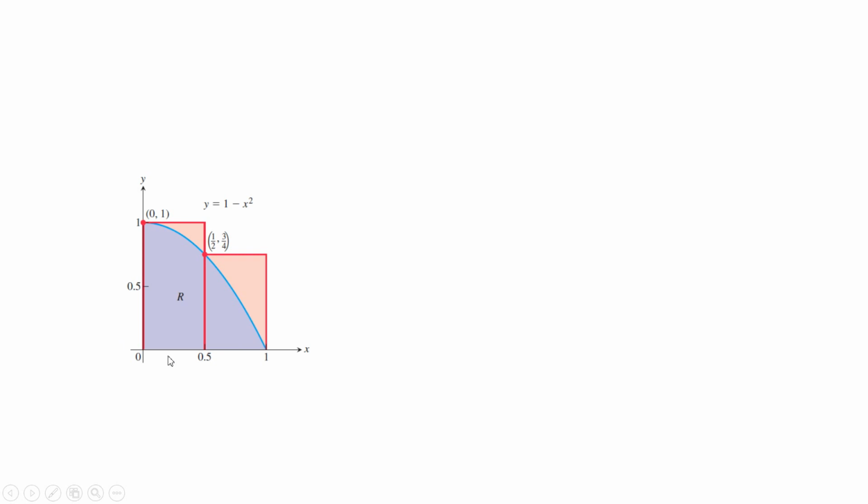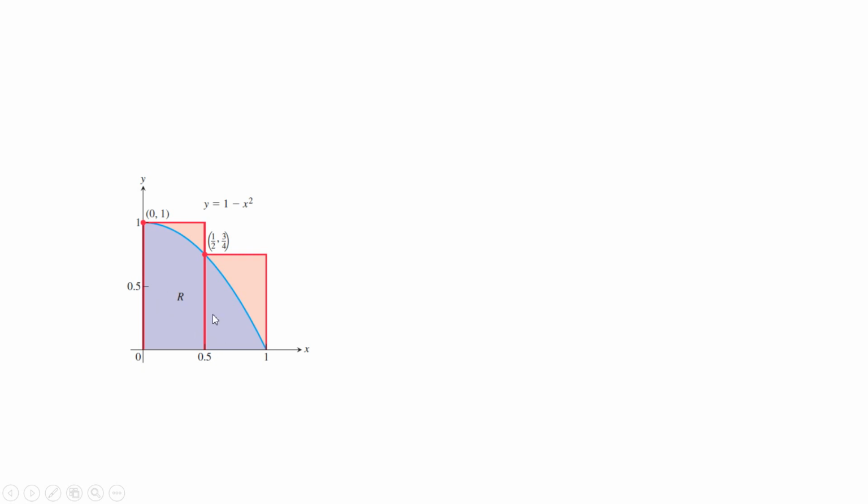The first subinterval is of length 0.5, and the initial point of the interval is 0, and the terminal point is 0.5, and the second interval starts from 0.5 and ends at 1. So this is how we subdivided the interval 0 to 1 into two subintervals.